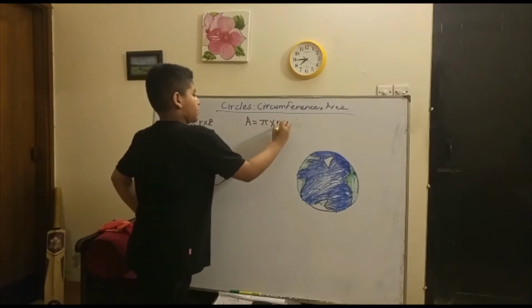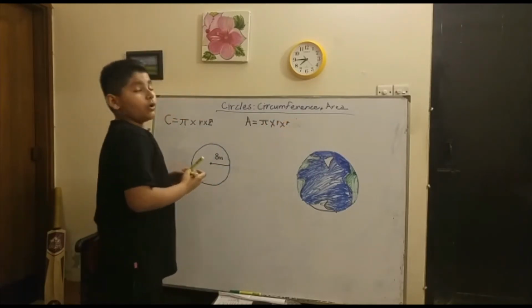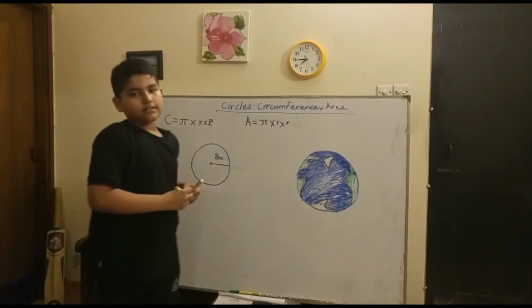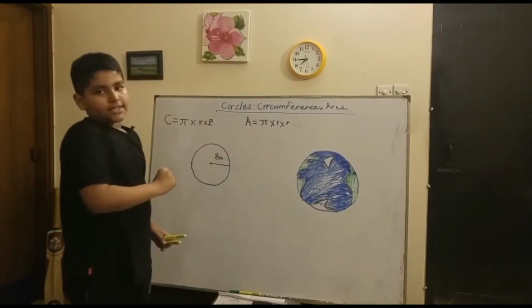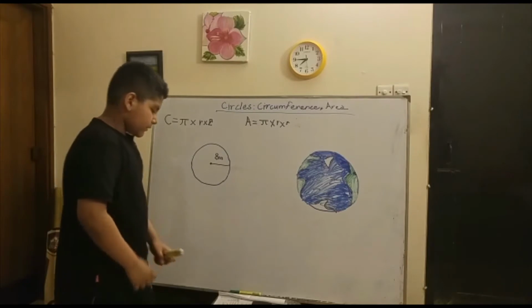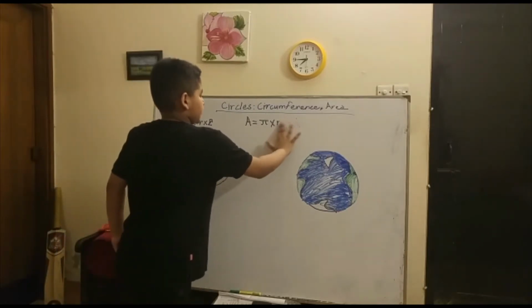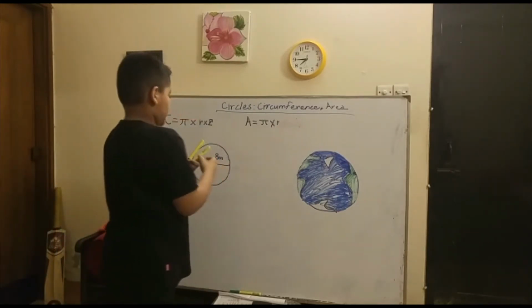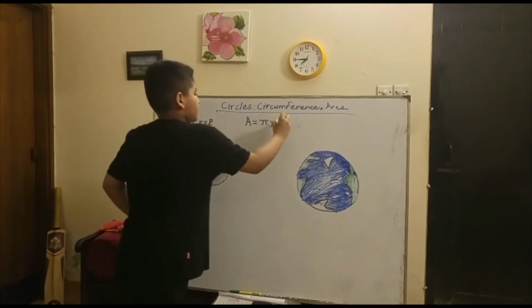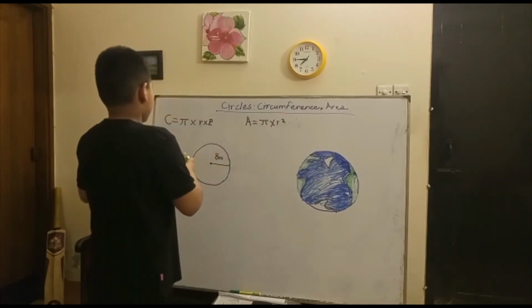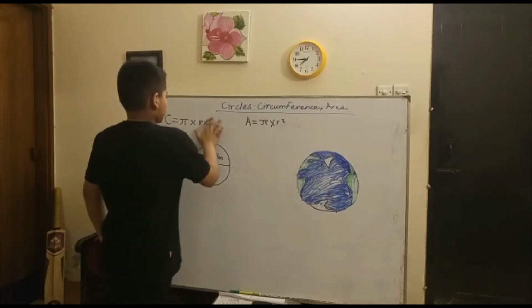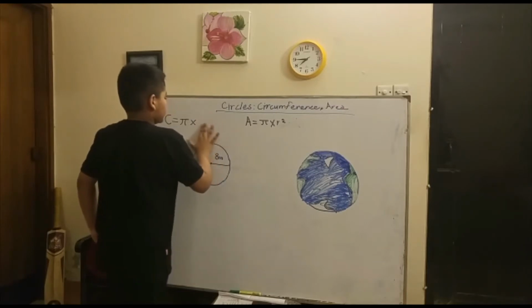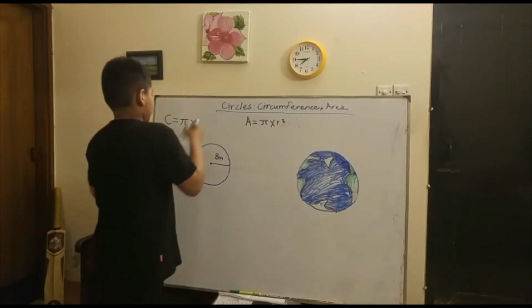See the confusion? People always get confused because these are so tricky. So let's get our original formulas back: pi times radius squared, and pi times the diameter.